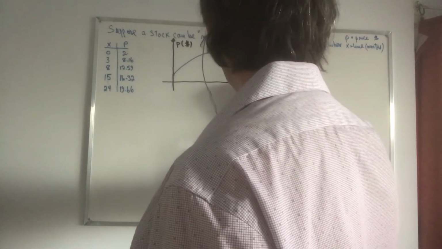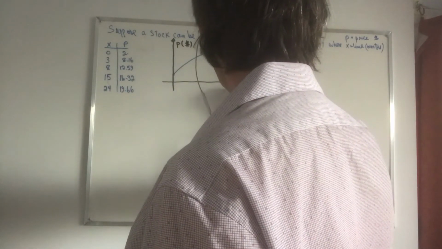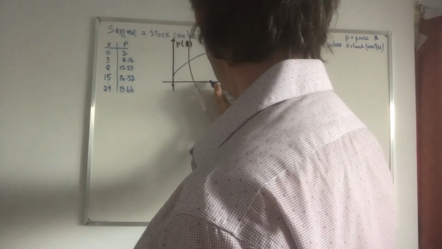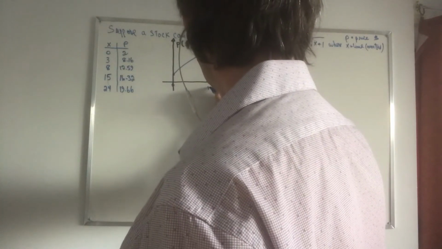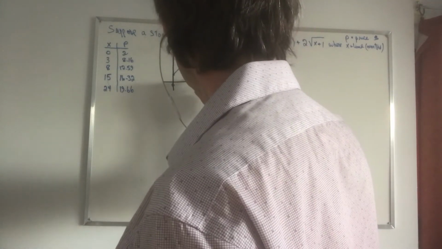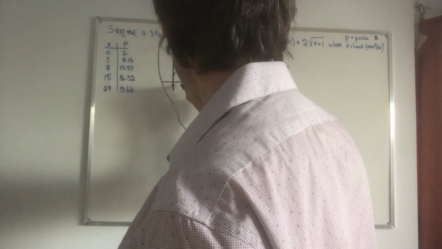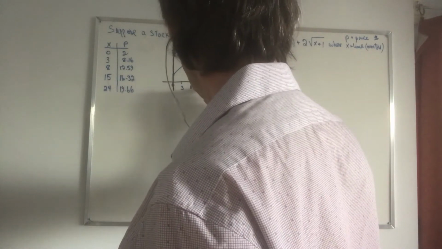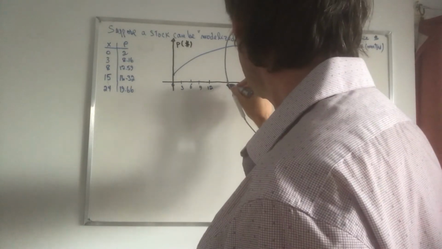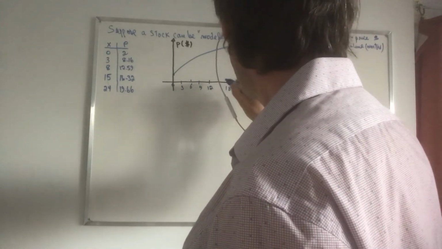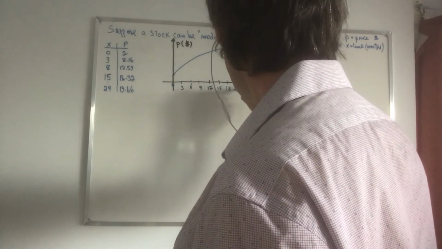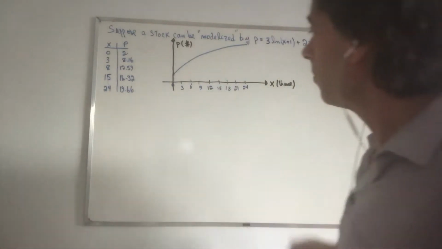Let me scale my x-axis. This would be the largest point, 24. This would be 0. So halfway I would have about 12 here. So here we have 3, 6, 9, and this would be 18 in the middle, and this would be 15 and 21. So let's put in some points on the graph.